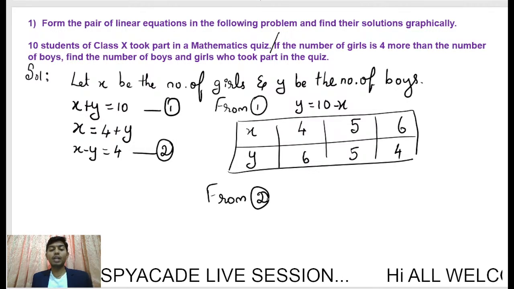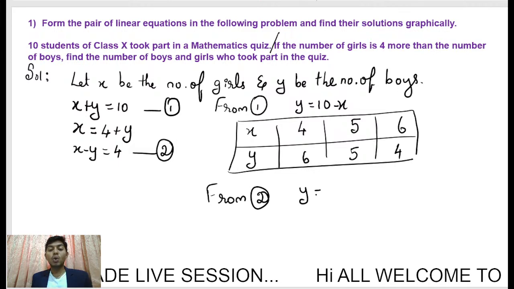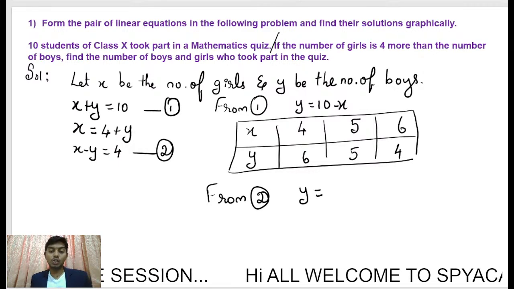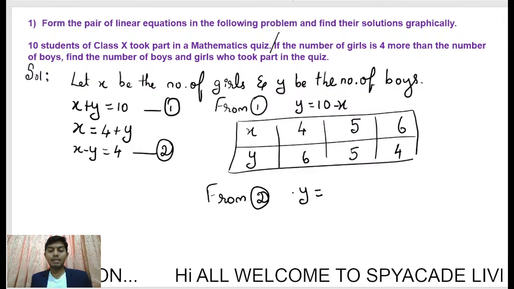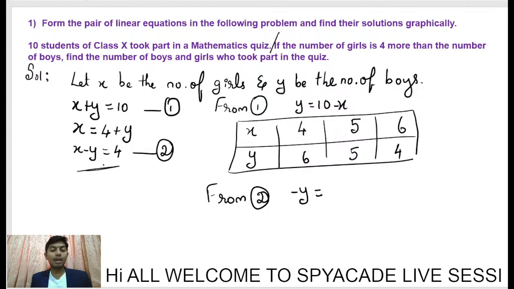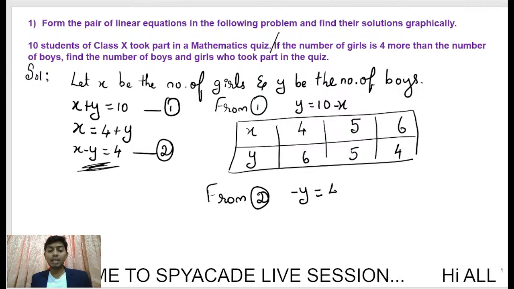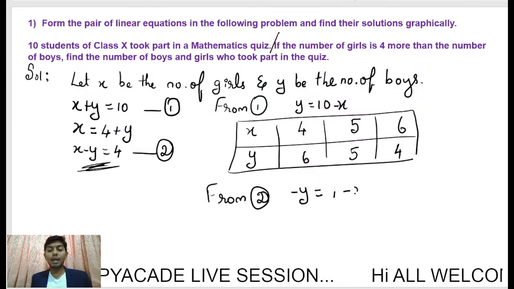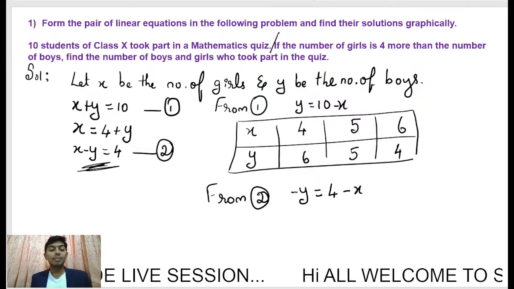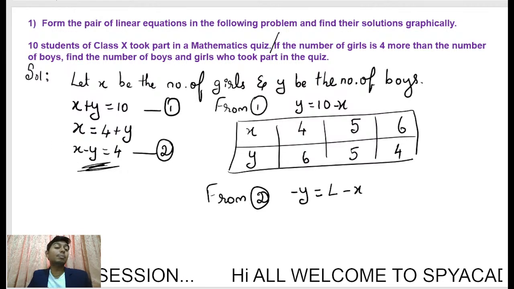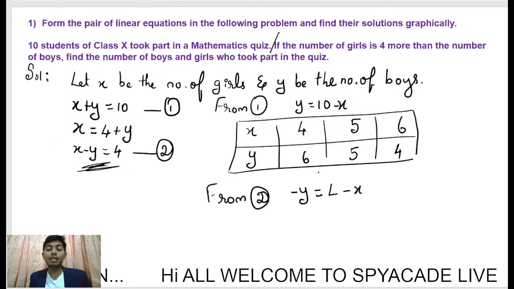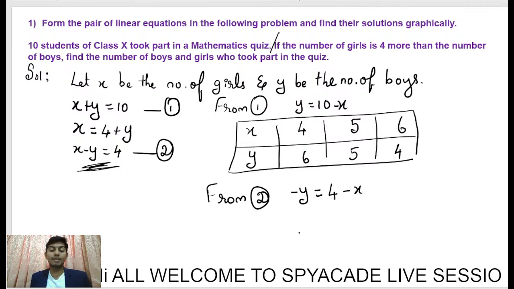Same way here also you frame the equation as if you get y is equal to. So let us keep this as a minus y, because you have x minus y is equal to 4. So minus y is equal to 4 minus x, because here you have plus x. If the plus x goes to the other side, then it will become minus x.